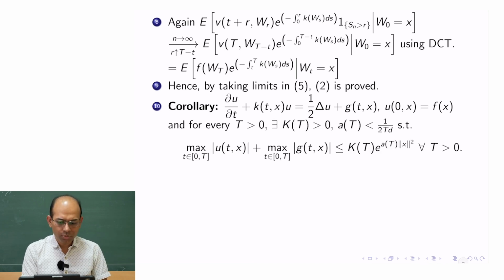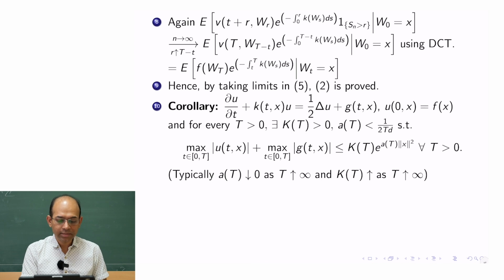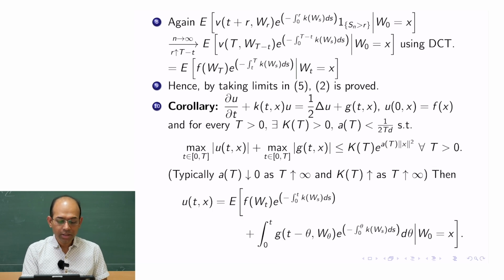So we write down here. For every capital T greater than 0, there exist a positive k and an a less than 1 over 2 T d, such that if the supremum norm of u plus the supremum norm of g is less than or equal to this growth condition, k times e to the power of a norm x squared, as norm x goes to infinity, then u of t comma x is written as the expectation of f of wt e to the power of minus the integral from 0 to t of kws ds, plus the integration from 0 to t of g of t minus theta, w theta, e to the power minus the integral from 0 to theta of kws ds, given w0 is equal to x.